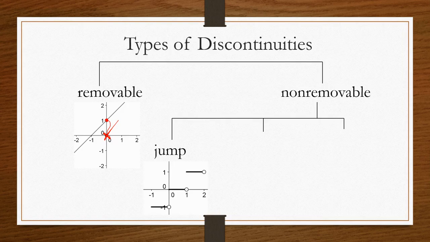There are three types of non-removable discontinuities. The first one is jump. Jump discontinuity means that my function is moving along and then it jumps to a different location.